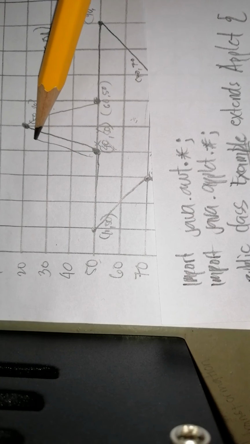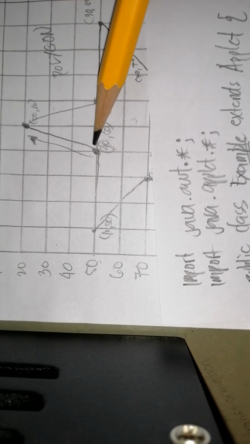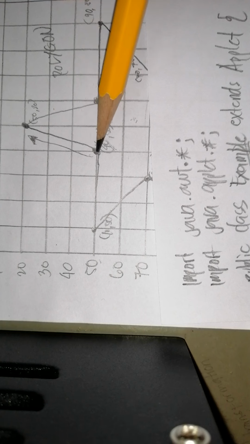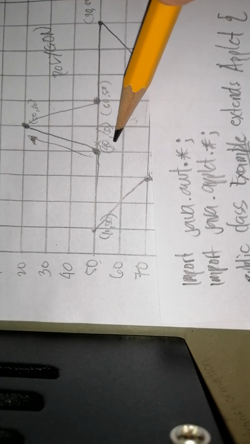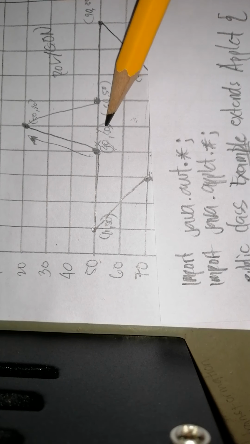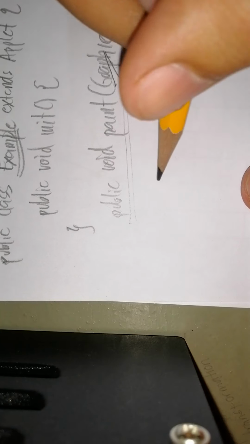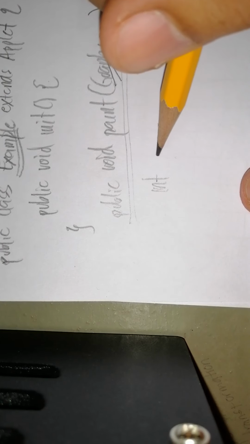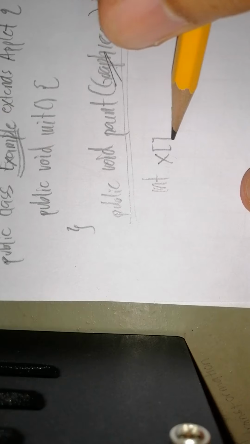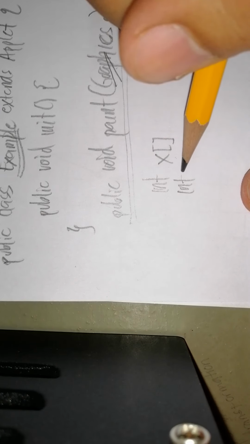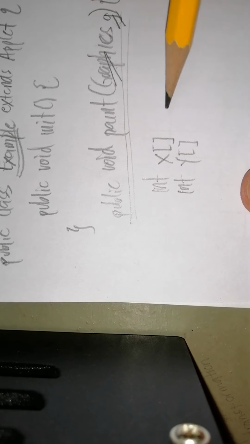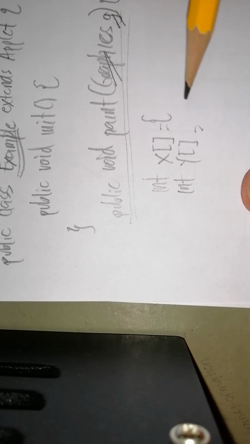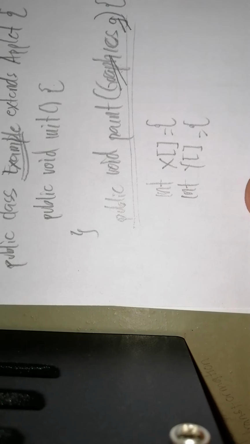So now, let's go back to our star. If this is our first point, where our instructions point, then our first point is 40 and 50. Since we are making a polygon, what we are trying to create is an array. For example, how do we create an array? We have int x array, then int y array, each equals curly braces.